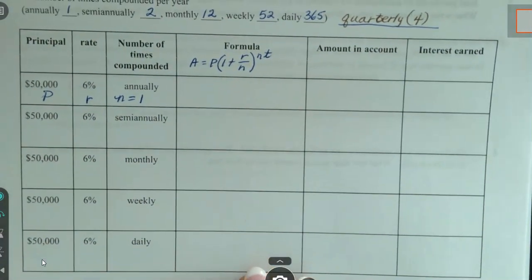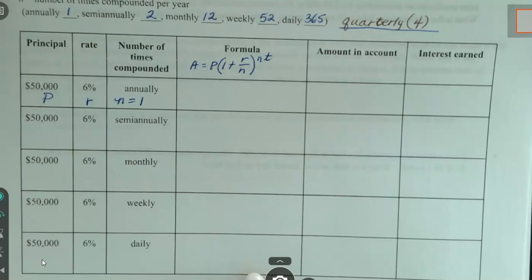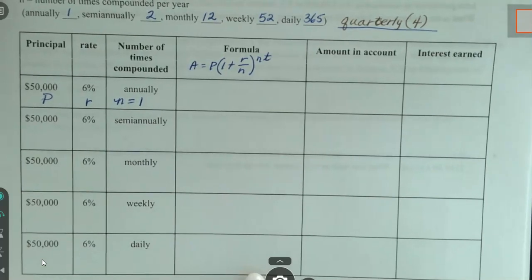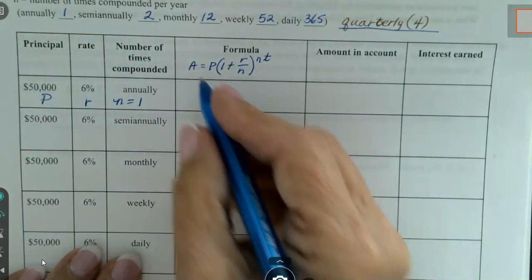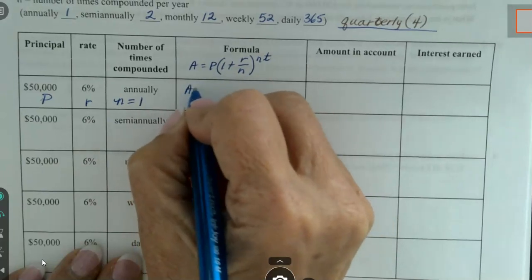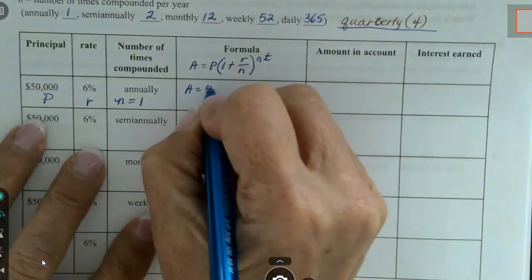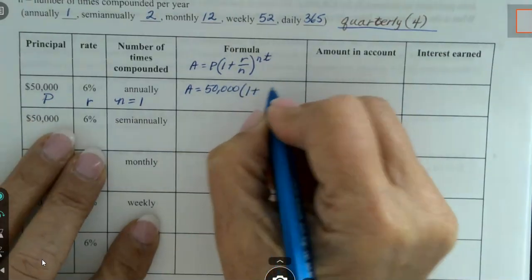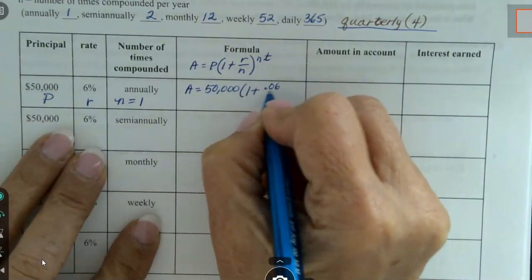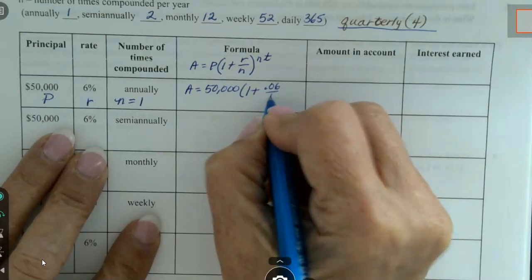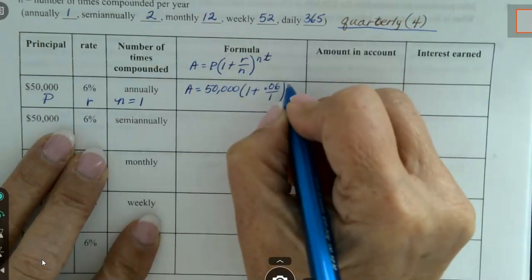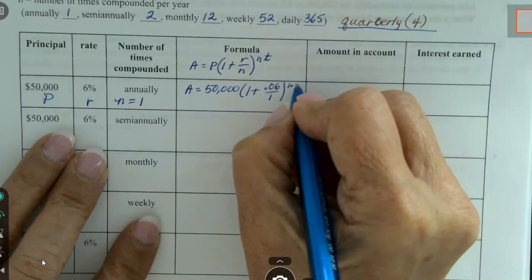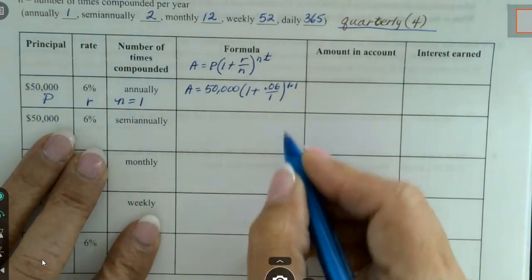Now, for the sake of these problems, we're just going to do 1 year each time. Okay? So A equals P times 1 plus your rate, again as a decimal, over N, in this case just 1, to the N times T, and again, I told you we were going to just do 1 year.